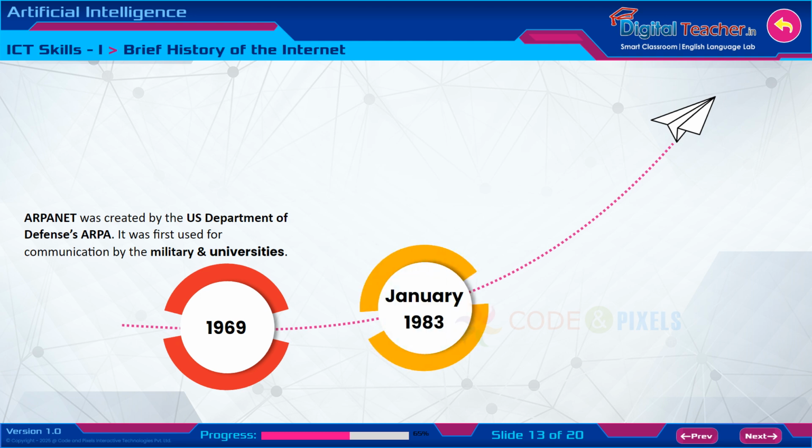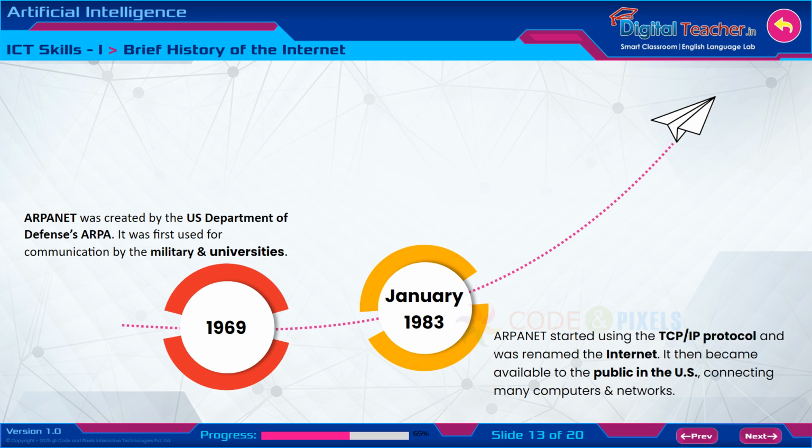In January 1983, ARPANET started using the TCP or IP protocol and was renamed the Internet. It then became available to the public in the US, connecting many computers and networks. The Internet grew over time and became known as the network of networks, spreading to other countries.